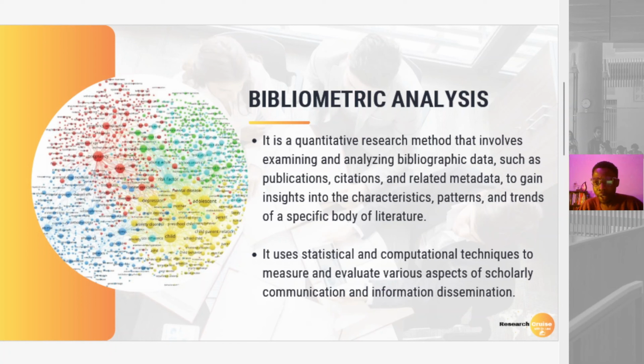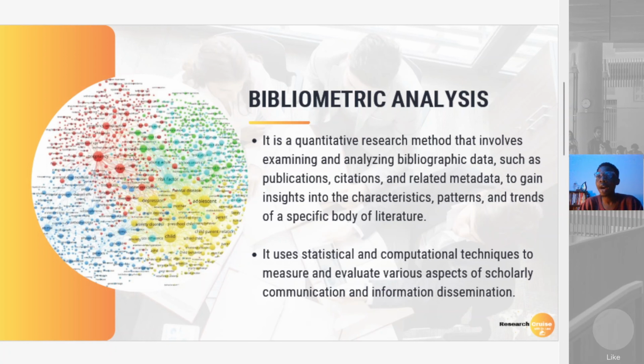By bibliographic data we mean the number of publications, number of citations, authors, or any other metadata. This will help us to gain insights into characteristics, patterns, and trends in a specific body of knowledge. Bibliometric analysis uses statistical and computational techniques.